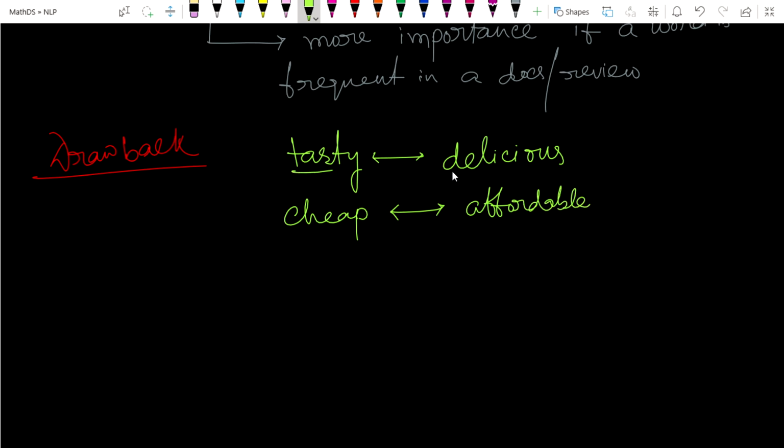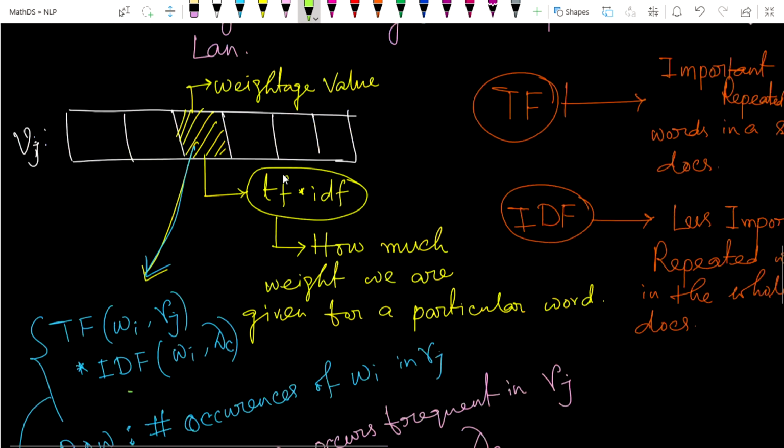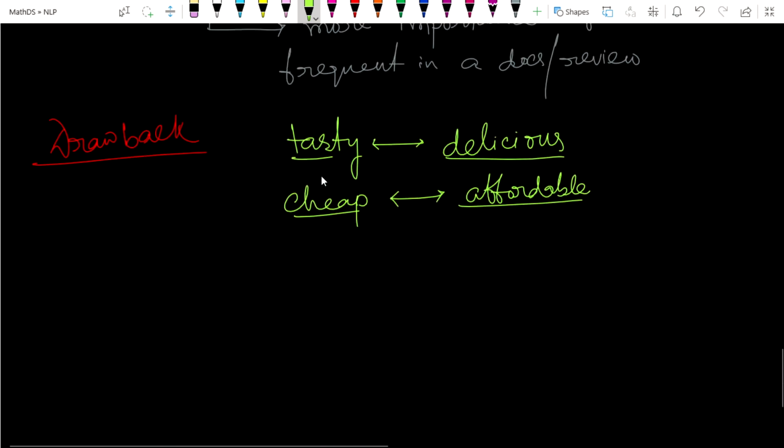But TF-IDF cannot treat these as the same type of word. It takes them as different words.